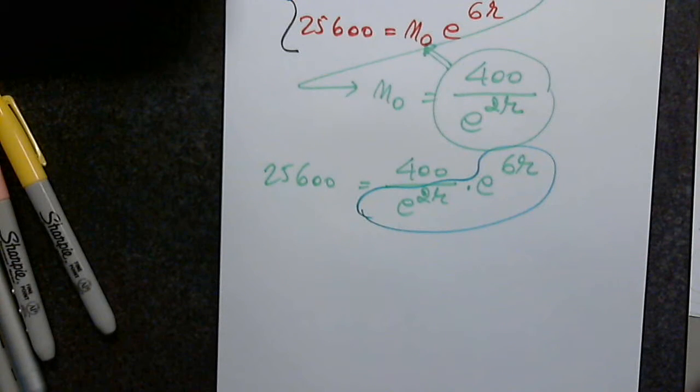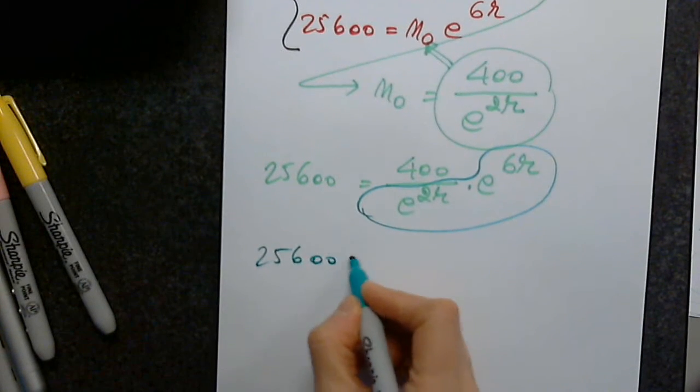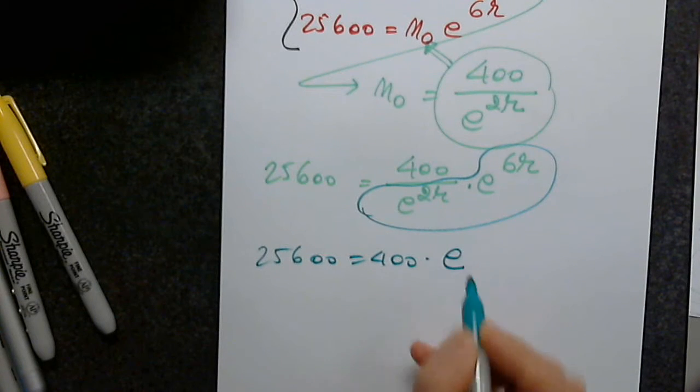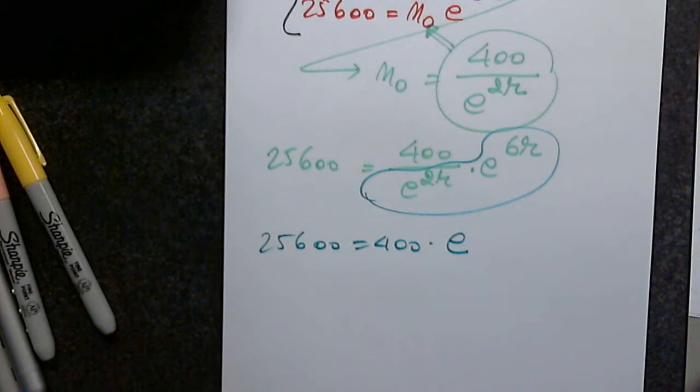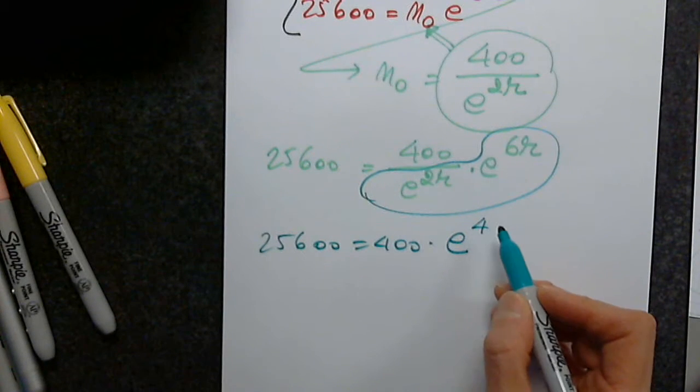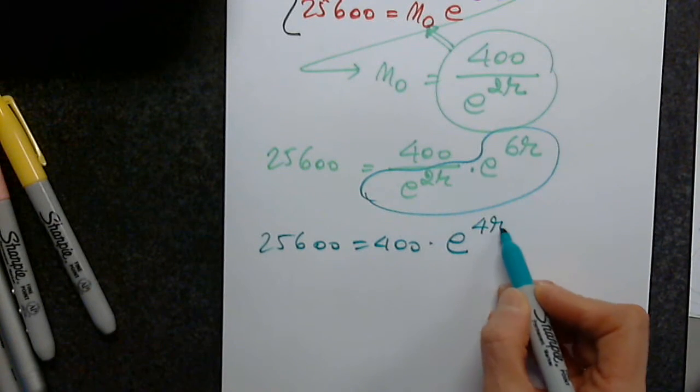Copy the base, and what happens with the exponents? Because the base is, careful, one is at the top. Subtract. Exactly. So I have 25,600 equals 400 times e to which power? 4. Very good.